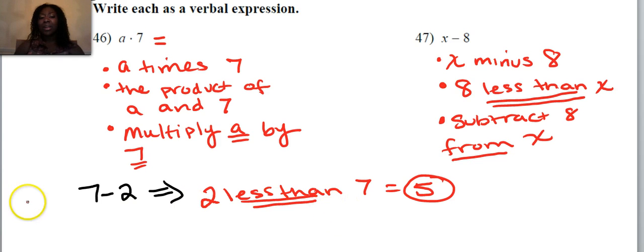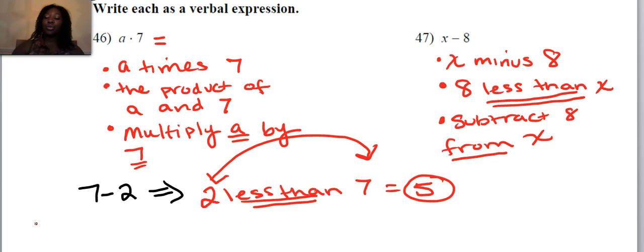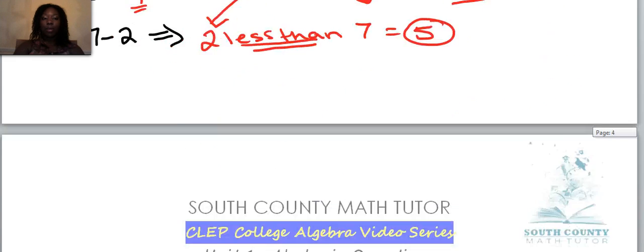But if we said 7 less than 2, it means that we have 2 and we take 7 away from it. So if you ever see the word less than, know that it's a switch word. When you're trying to write it back in algebra, it's actually going to be 7 minus 2. Same thing for greater than, same thing for add to. I will compile a worksheet for you that will have a lot of these things in them.